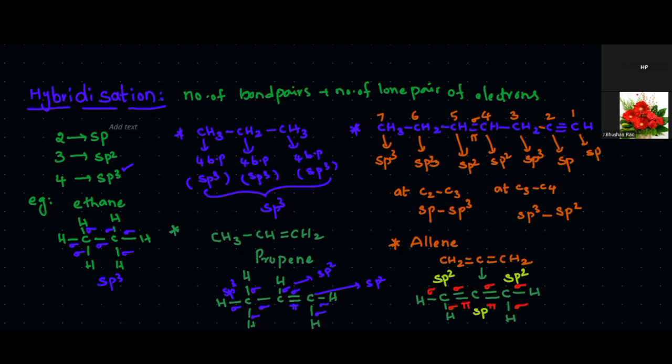Next, another example I will explain. Another molecule is vinyl acetylene. Vinyl acetylene means the compound representation is CH2 double bond CH, and acetylene means C triple bond CH.